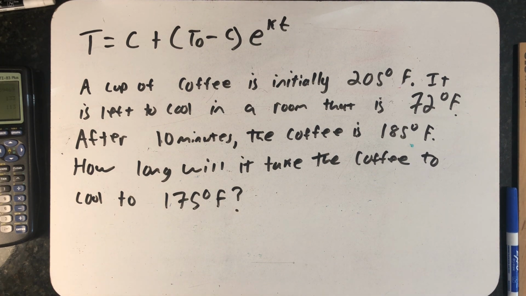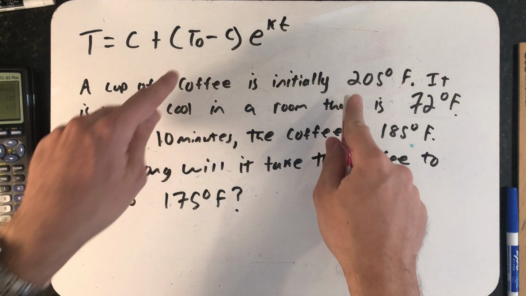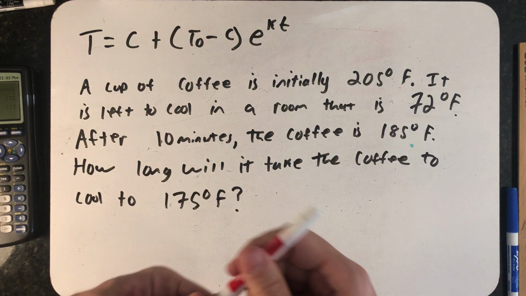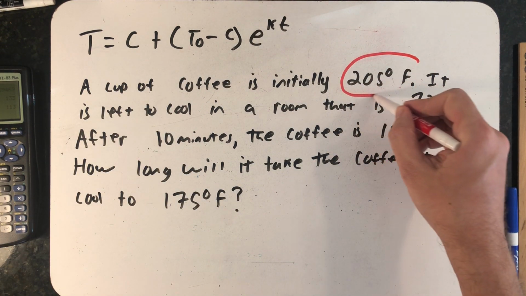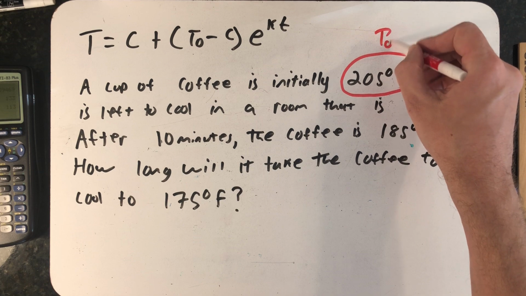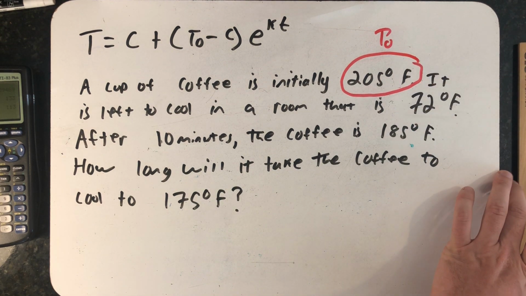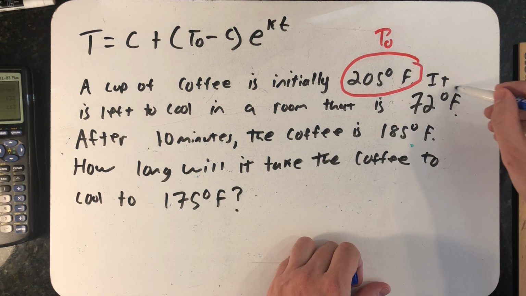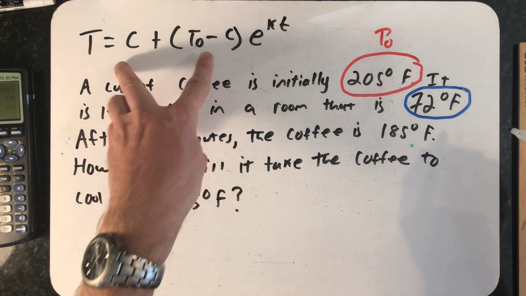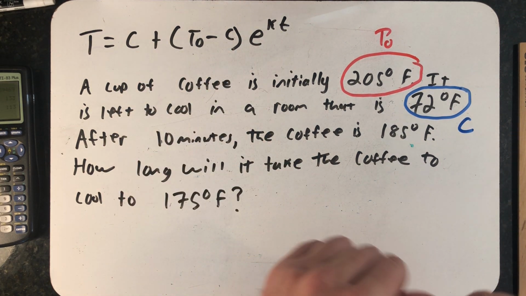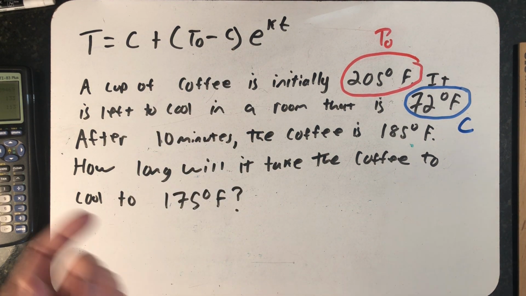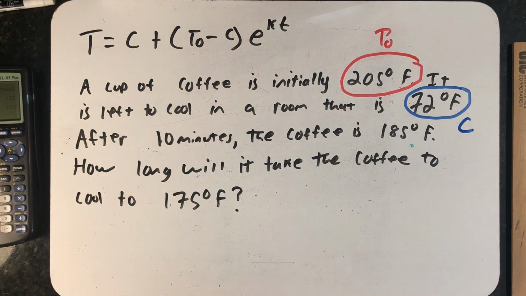I know the coffee's initially 205 degrees Fahrenheit, and that's my value for T naught. I place it in a room that is about 72 degrees Fahrenheit, and that's my constant value C. So I can start setting up this function.